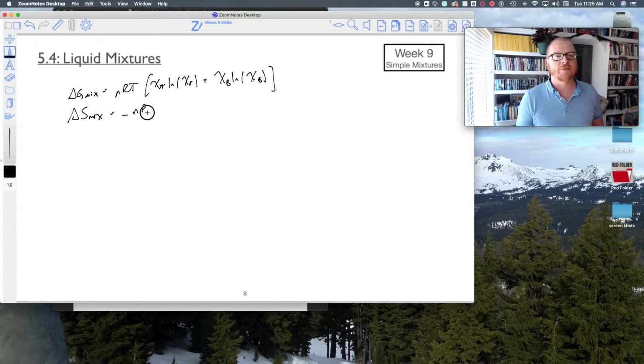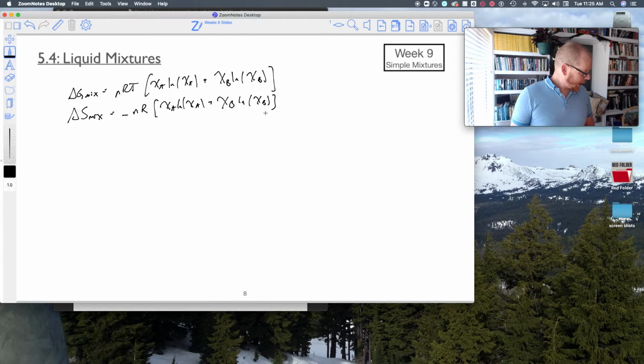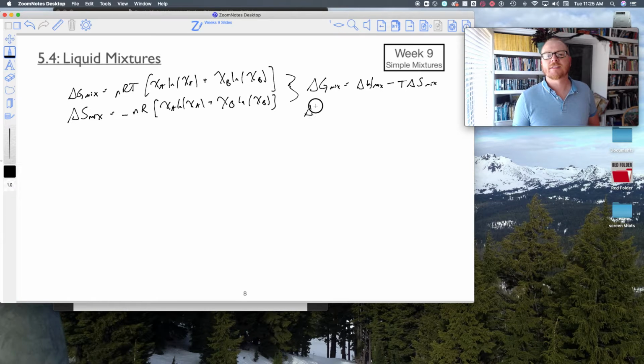So that's negative nR times chi A natural log chi A plus chi B natural log chi B. And we also remembered that when we combine these two things using the equation, delta G of mix equals delta H of mix minus T delta S of mix, this gave us that the delta H of mixing of an ideal solution is 0.